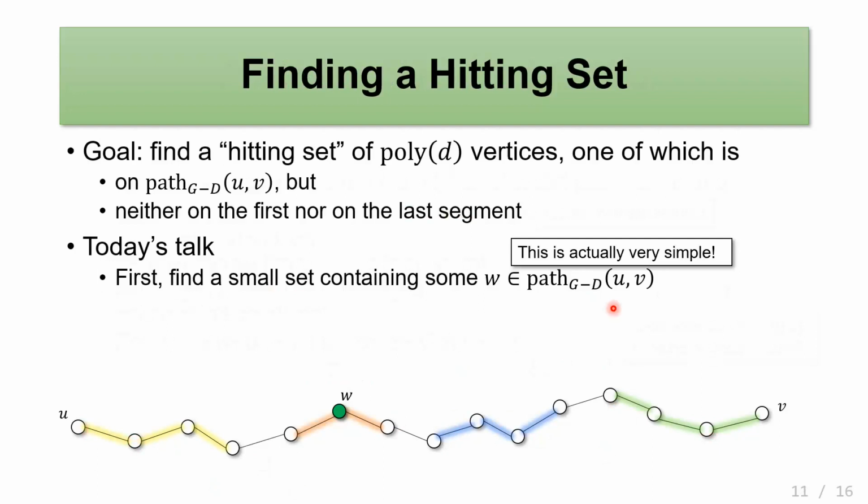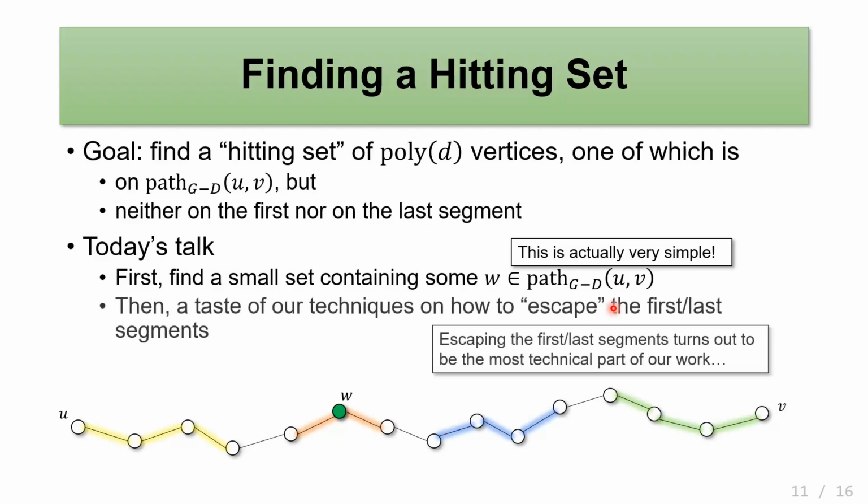This is actually very simple, and I'll do it in one slide. Second, we give you some taste of our techniques on how to escape from the first or last segments. So suppose our vertex w found is on the first segment. How do we escape from the first segment and find something not on the first segment? This turns out to be the most technical part of our work, but I still want to highlight some ideas in a later slide.